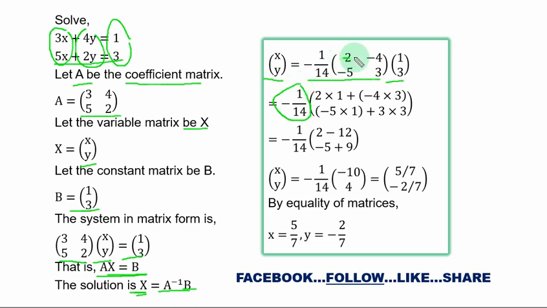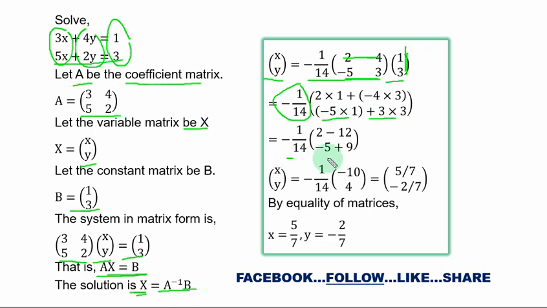Now you have the first row to multiply the only column. That is 2 times 1 plus minus 4 times 3. And the second row to multiply the only column as well. You have minus 5 times 1 plus 3 times 3.